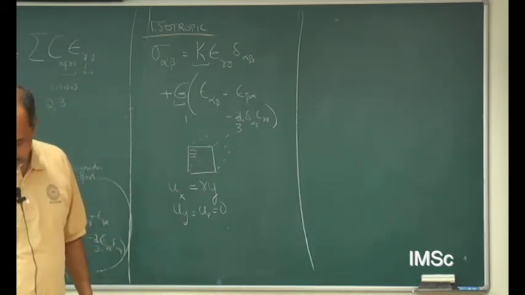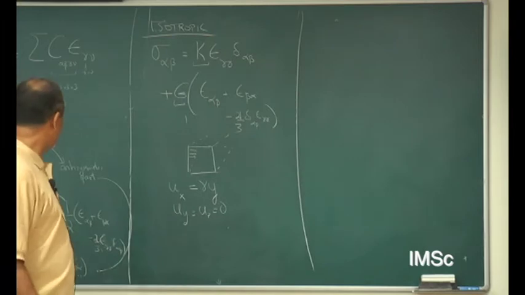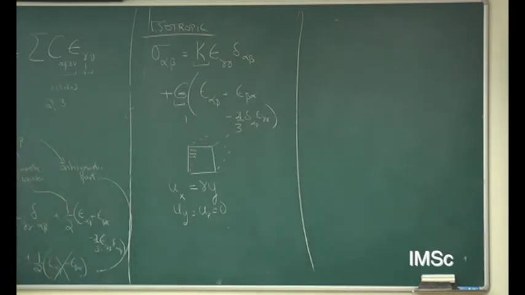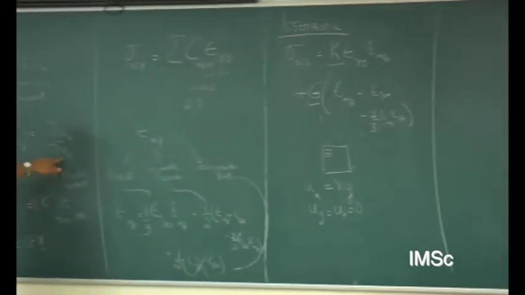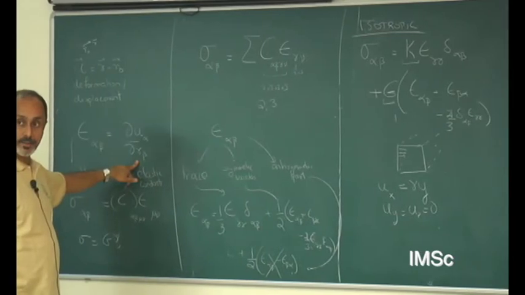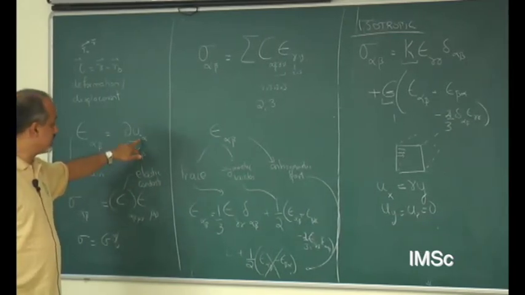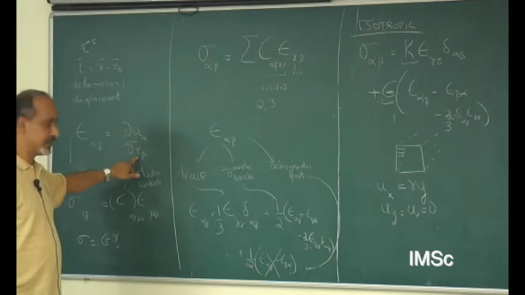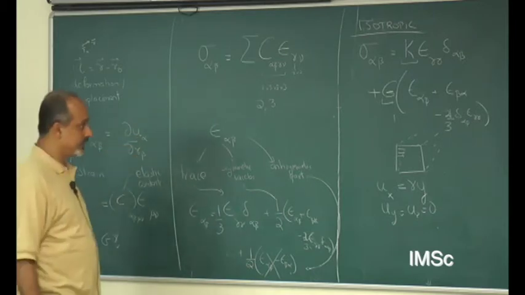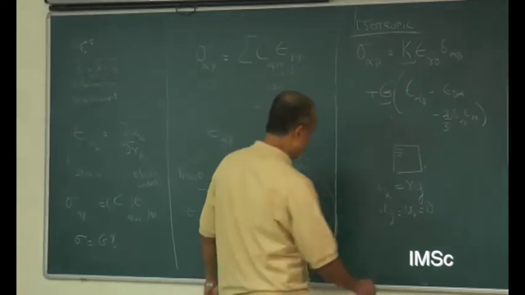And from here, if you remember, all of these epsilons are just derivatives of the displacement with respect to the r. There's only one derivative that comes, and that is the derivative of the x component with respect to the y component.